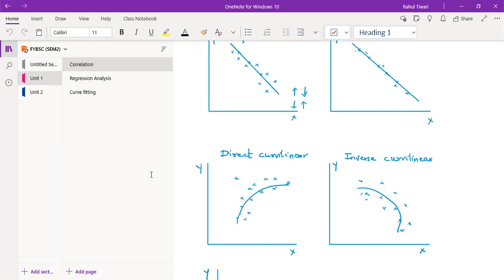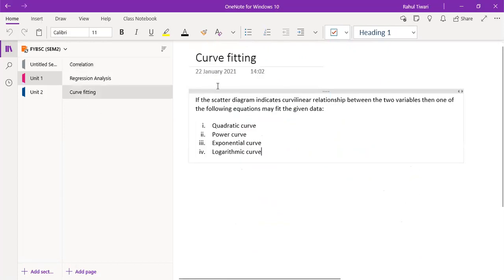So in that case, one may go for curve fitting concepts, and in that we have the form of either quadratic curve, power curve, exponential curve, or logarithmic. So these curves can be used.